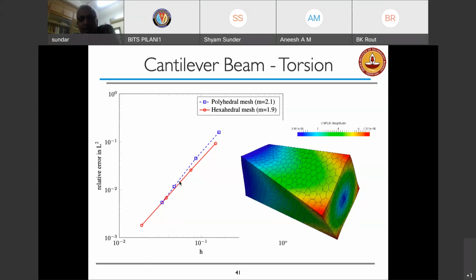And polyhedral elements are not being bad, they also converge at the rate of 2, which gives us an indication that any domain can now be discretized using polyhedral elements without losing accuracy. Of course, I'm not talking about the computational time here, which would require additional time.